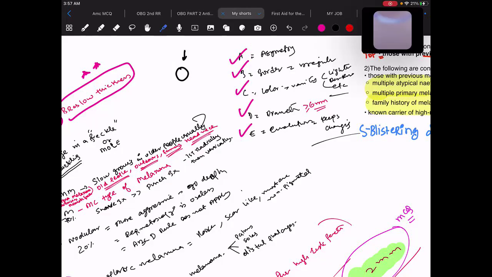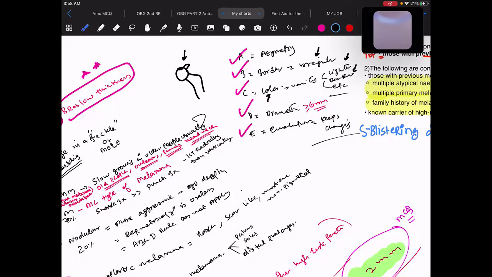But if there is any asymmetry, okay, asymmetry with irregular border, and there is a change in the color, where a variety of colors may be present in a single mole, some areas lighter, some areas darker, then you need to suspect that this may be a case of melanoma.